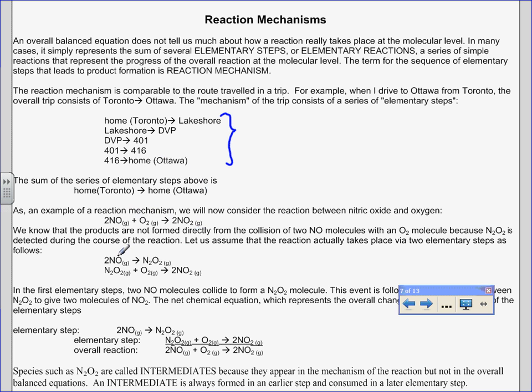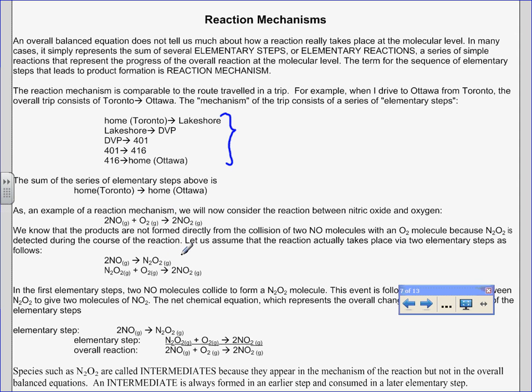So first of all, the 2 NO molecules collide to produce N2O2. Then this N2O2 intermediate reacts with oxygen to produce the 2NO2. So these are elementary steps, and this is the overall reaction.